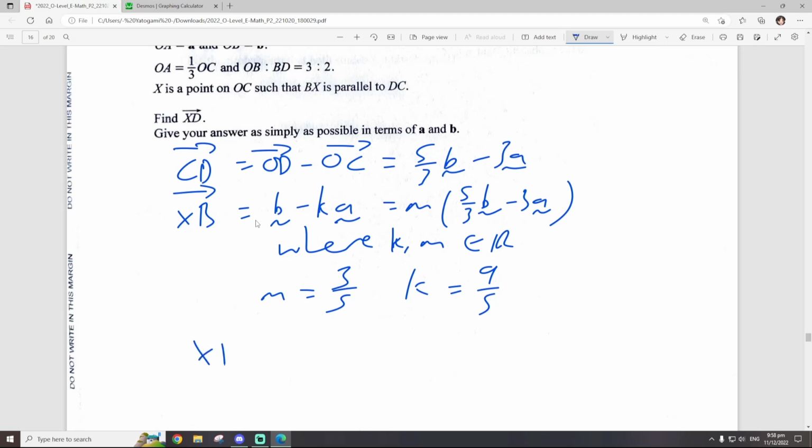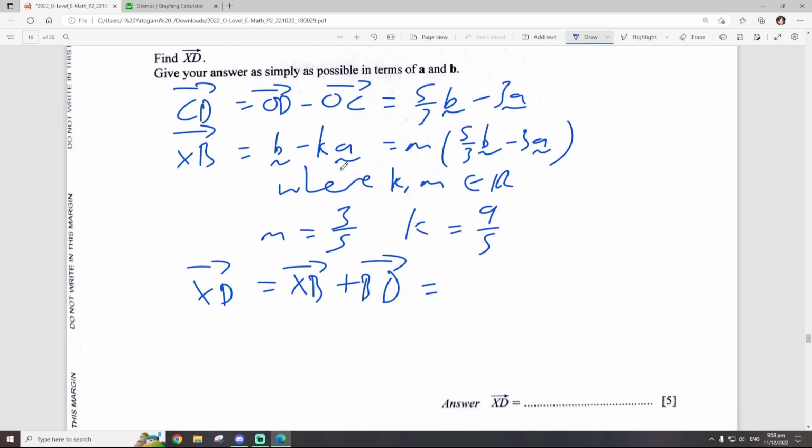And finally, XD is XB plus BD. Okay, and we already know what BD is. It is in fact 2/3 of B. So if you add these two up, you will get 5/3 B minus 9/5 A.